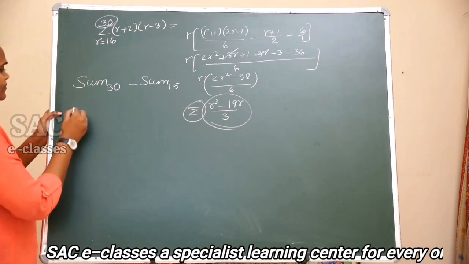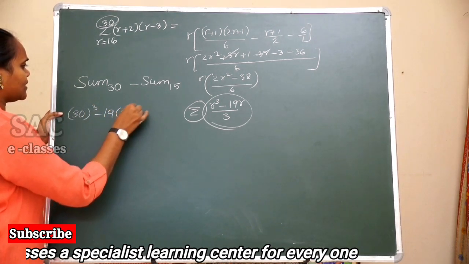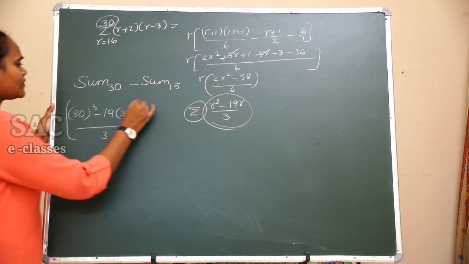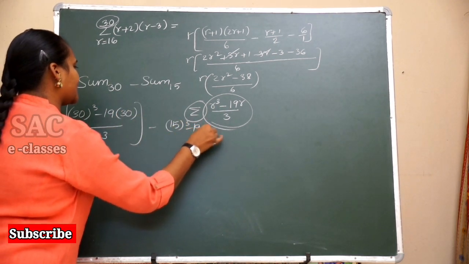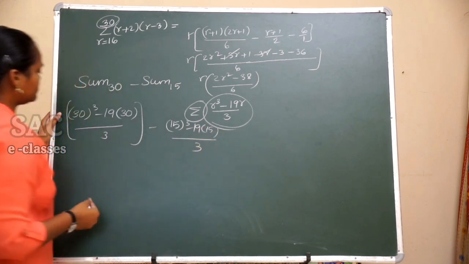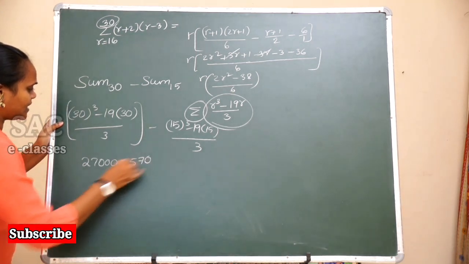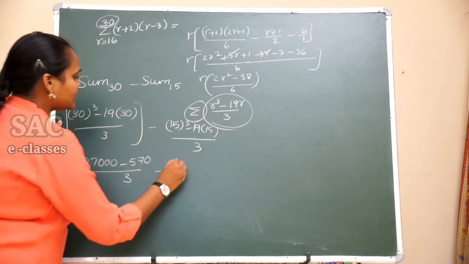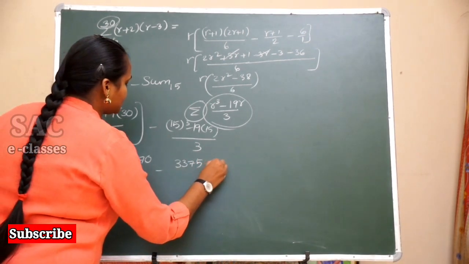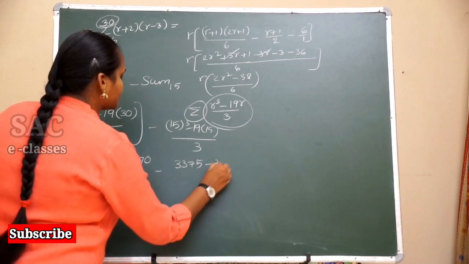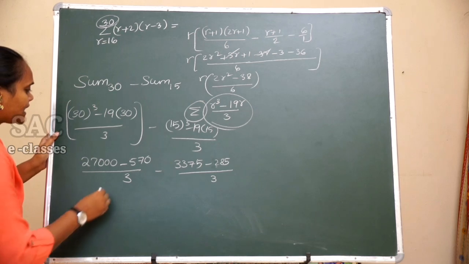Now what is that? 30 whole cube minus 19 into 30 by 3 minus 15 whole cube minus 19 into 15 by 3. 30 cube is 27,000 minus 570 by 3 minus 3375, which is 15 cube, minus 285 by 3. Simplify and you will get the required answer.